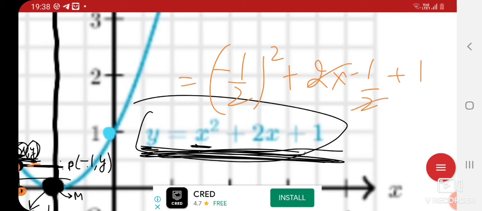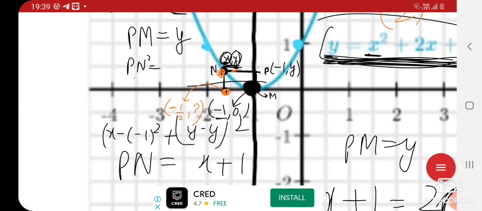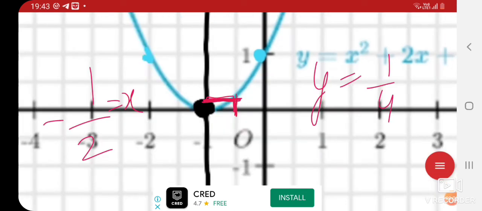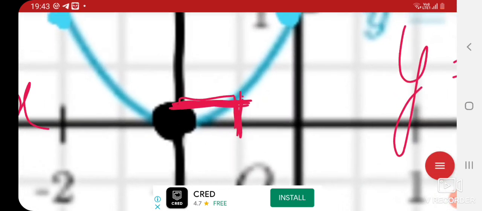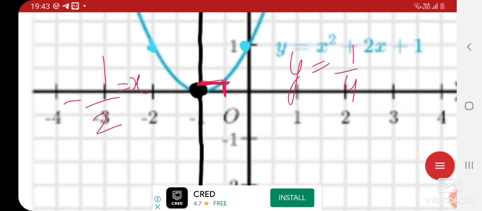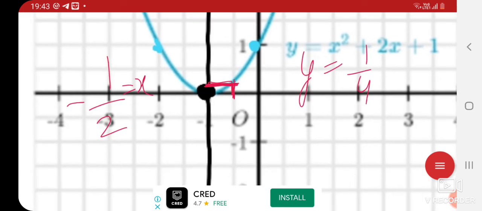This will be cancelled out and this will be positive, because a negative into negative will give you positive. That means 1 by 4 plus this will be negative and this will be positive. That means the value of y you get is 1 by 4. Is that right? So here we get that the value of x is minus 1 by 2 and the value of y is 1 by 4.